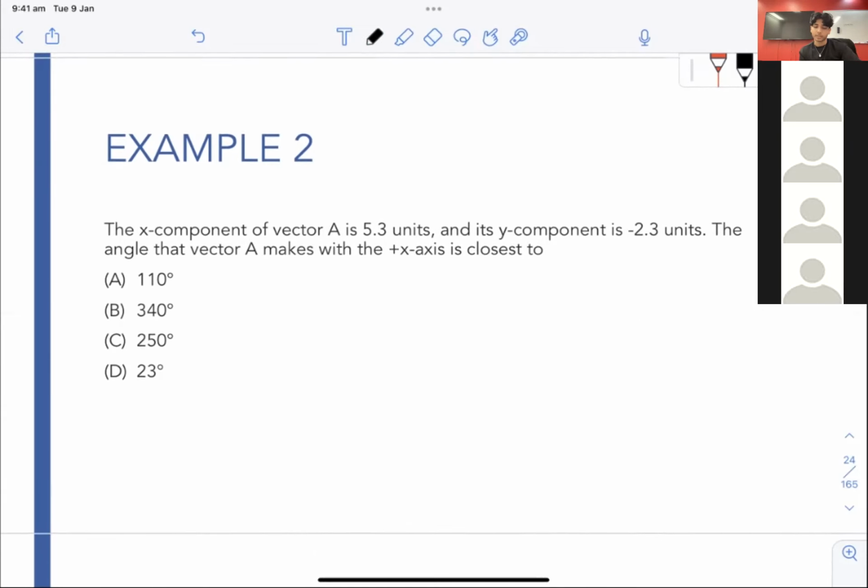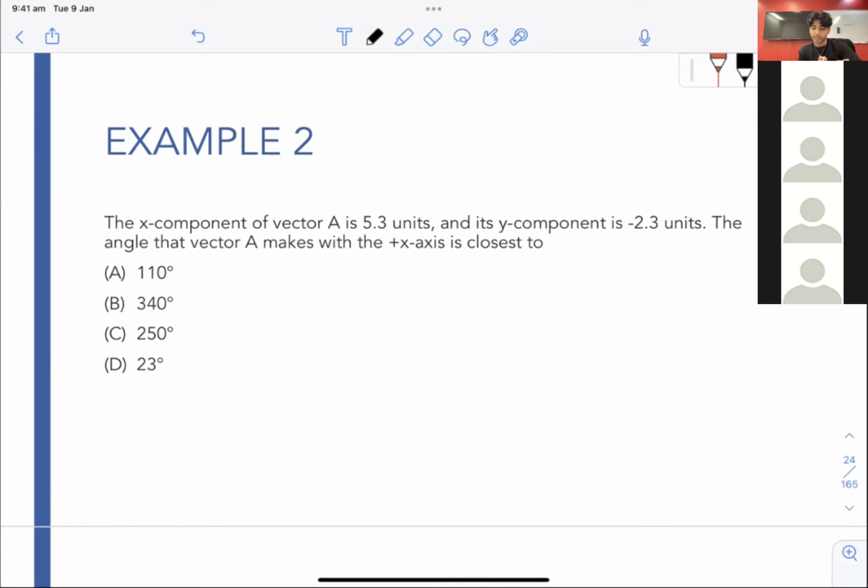Number 2. The x component of a vector is 5.3 units and the y component is negative 2.3 units. The angle that vector A makes with the x-axis is closest to what? So vector A looks like this. The x component is 5.3, so I'm going to call this AX, and that equals 5.3.